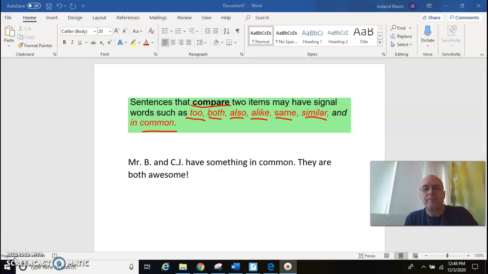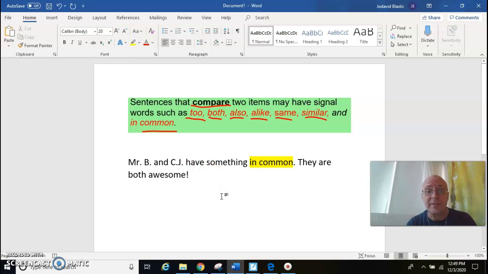So let's try this one. Mr. B and CJ have something in common. They are both awesome. Now in this sentence, we've got two different words that are telling us we're talking about a comparison, about things that are the same. The first one we have is in common. If you have something in common with somebody else, that means you have something like somebody else.